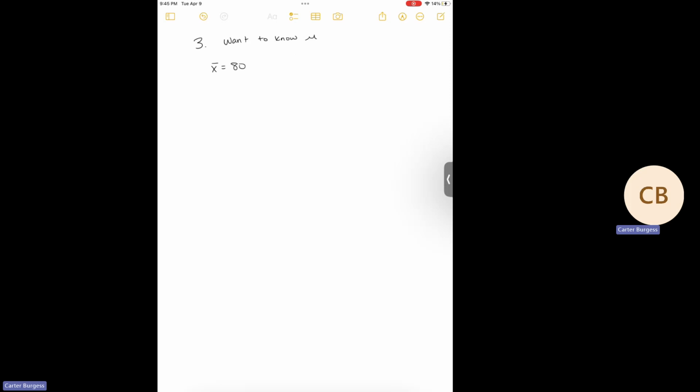with a standard deviation, which we'll go ahead and call sigma. Okay, so here it doesn't specify whether this standard deviation is from the population or from the sample.